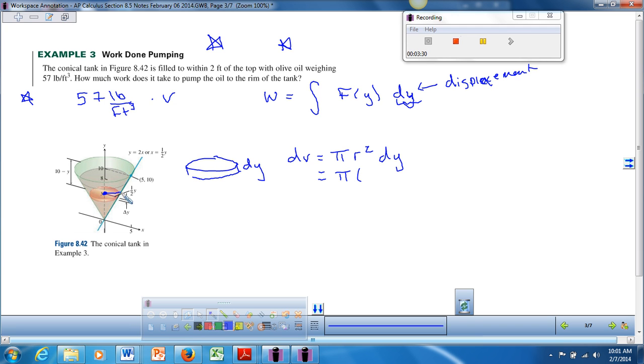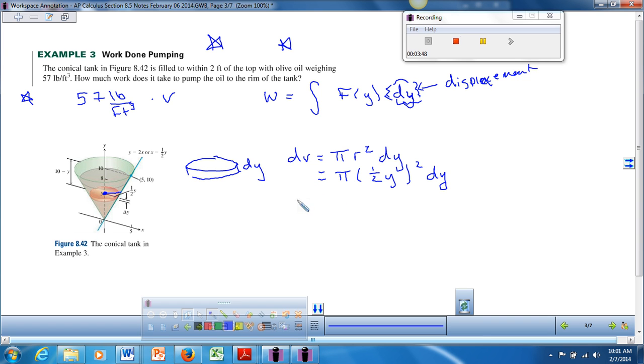The distance from here to here, which is out to our function, 1/2 y squared dy. So the dy in this problem is actually the height of our little slab. It is not the displacement that we're going to find here. We need something else to talk about the displacement.